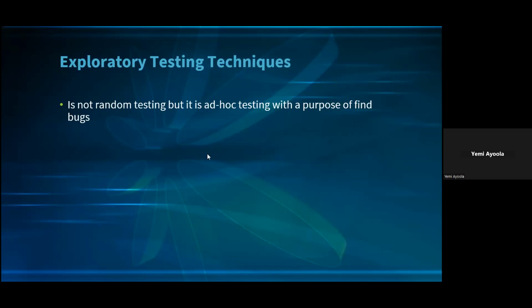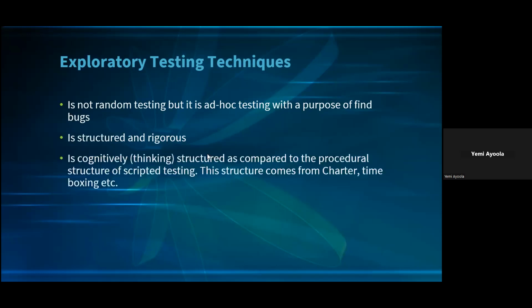And what is ad hoc testing? Ad hoc testing is performed without planning or documenting anything. It's done to discover defects, bugs, or unexpected behavior. That's the major reason. It's not planned, that's why it's an ad hoc one. It's structured and rigorous, because it makes you know what is expected from us.